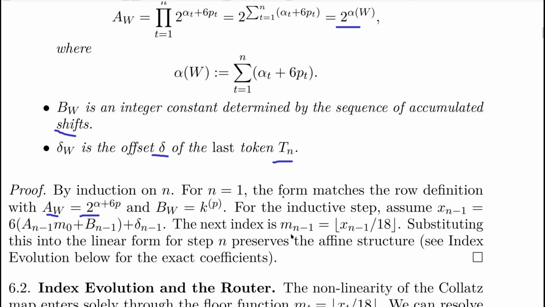The next index is m n minus 1 equals the floor of xn minus 1 over 18. Substituting this into the linear form for step n preserves the affine structure. So in index evolution, which is coming up next, we have the exact coefficients of such a system.